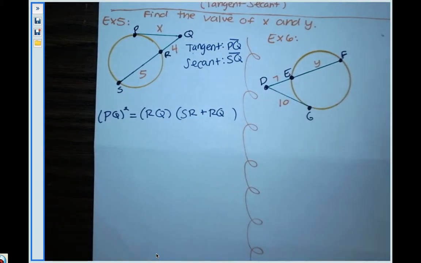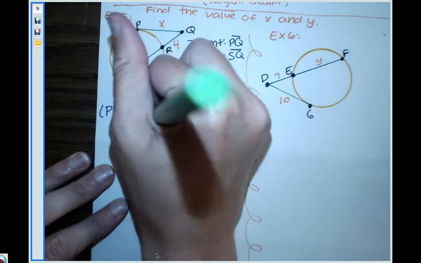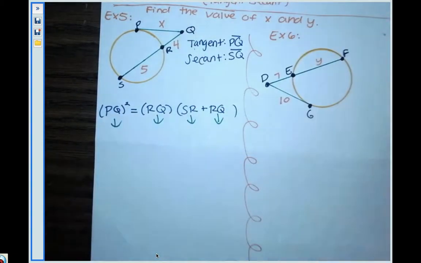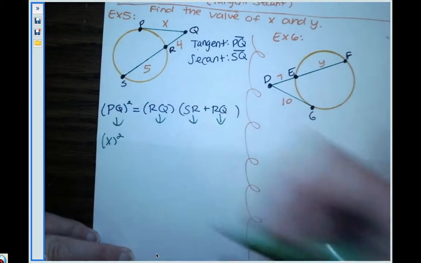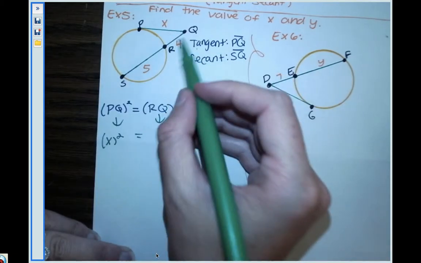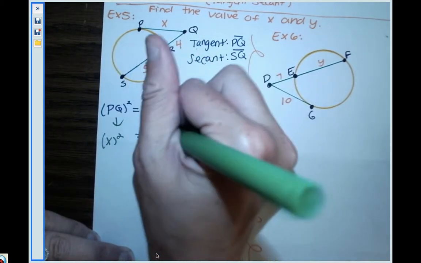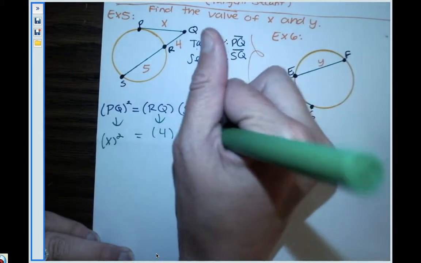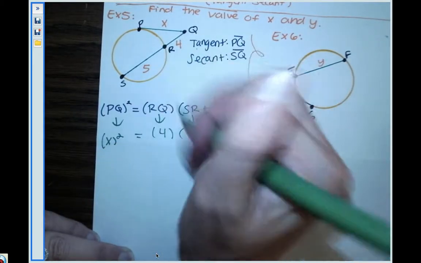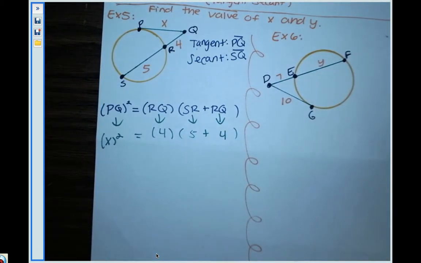All right, let's start filling in some values, you guys. Bam, bam, bam, and bam. All right, so PQ is X. This is going to be X squared equals RQ, which is 4, times RQ again, which is 4, plus SR, which is 5. All right, let's simplify this thing. Then we'll be done.